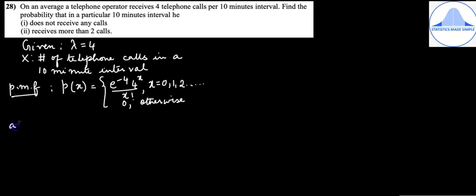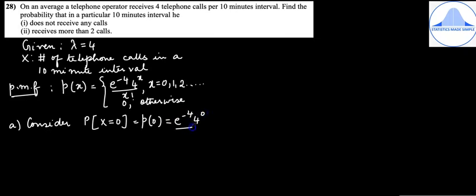So starting with the first subdivision, we should find the probability that he doesn't receive any call. So start with consider probability of capital X is equal to 0, which is equal to P of 0, that is e to the power minus 4, 4 to the power 0 by 0 factorial.